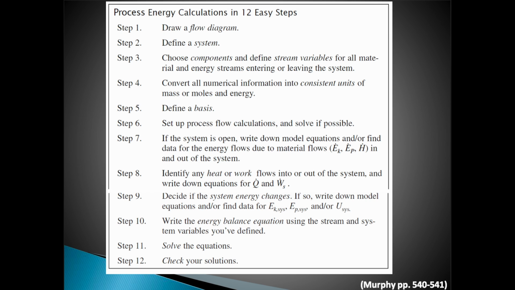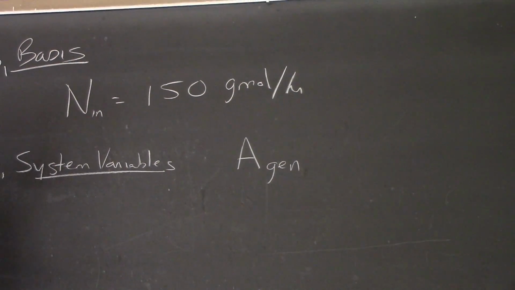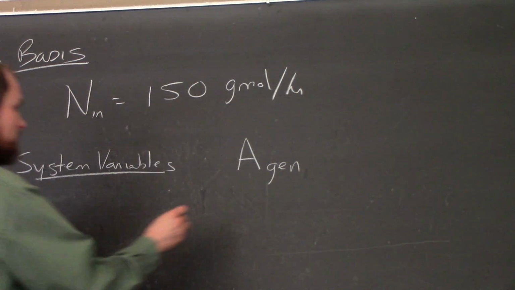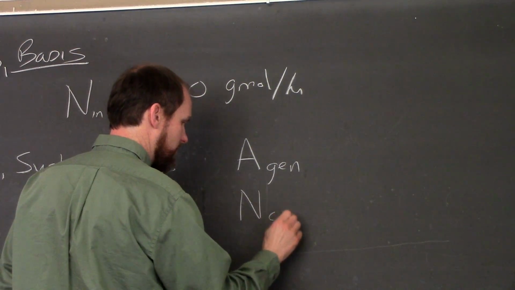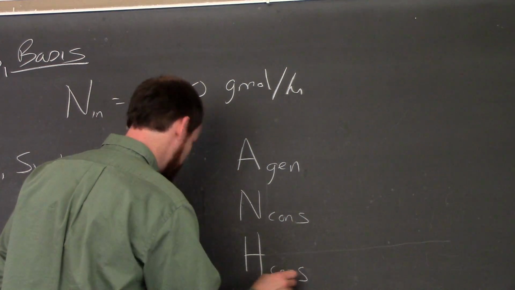So is there generation, consumption, or accumulation? Yes, I'll have generation. So what's generated? Ammonia. So let's have ammonia generated. What's consumed? Nitrogen consumed and hydrogen consumed.